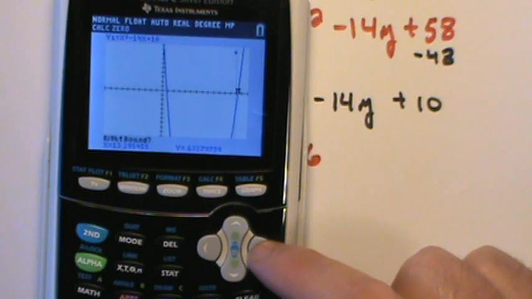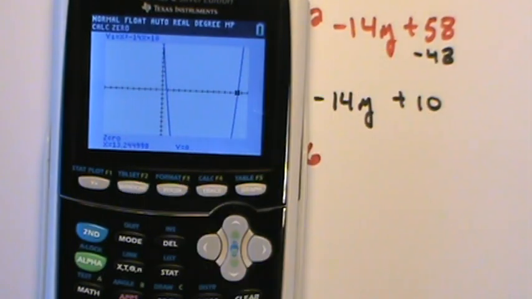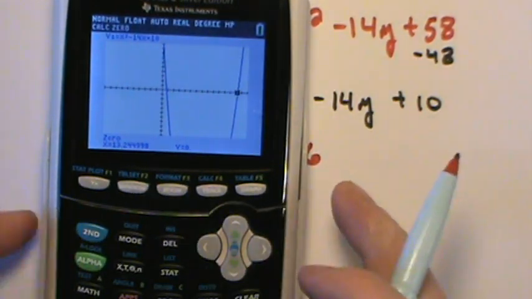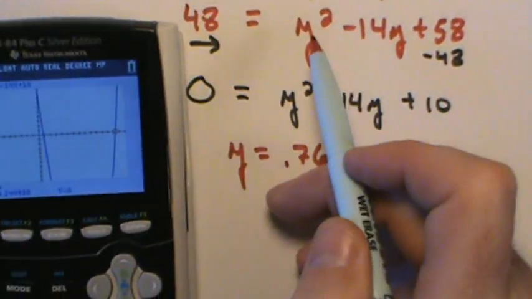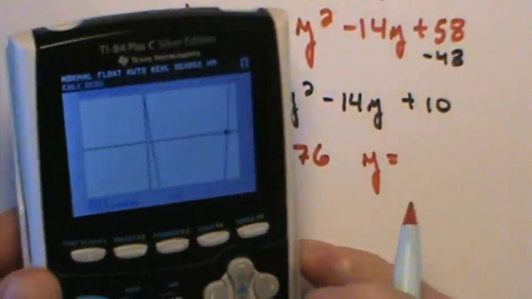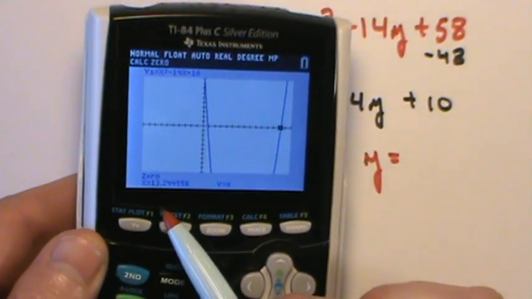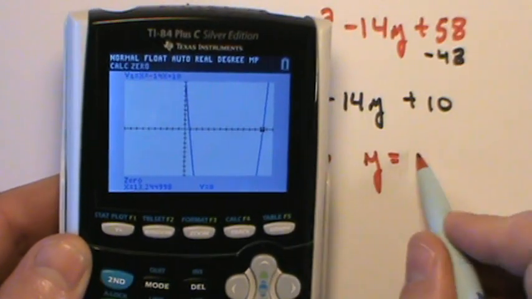I go to the right until it goes to a positive y value. Hit enter, do a guess. And for my second solution, it does say x equal. I am looking at the x, but because my variable was y, I'm writing y. So it's y equal. The x value there is 13.24.